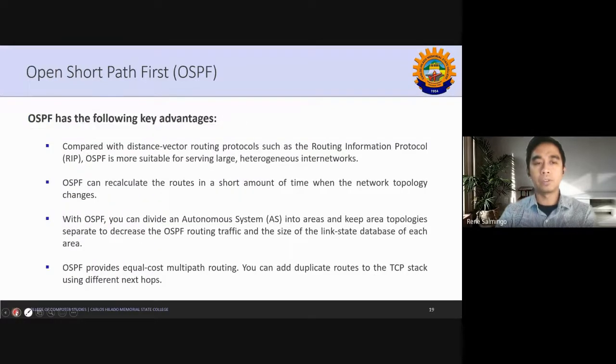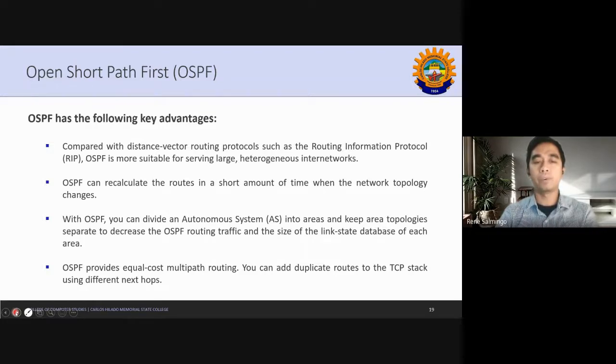So what are the advantages of using OSPF? Compared with distance vector routing protocols such as Routing Information Protocol, OSPF is more suitable for serving large heterogeneous internetworks. OSPF can recalculate the routes in a short amount of time when the network topology changes.